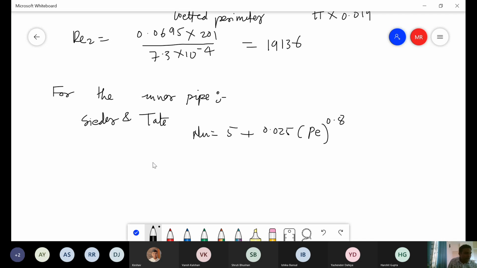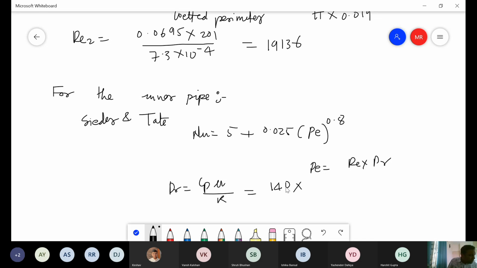Correct. So now Peclet number is what? Peclet number is Reynolds number into Prandtl number. Reynolds number we already know. Prandtl number we don't know. So Prandtl number is Cp mu by K, isn't it? So specific heat of the mercury is given as 140 into mu.